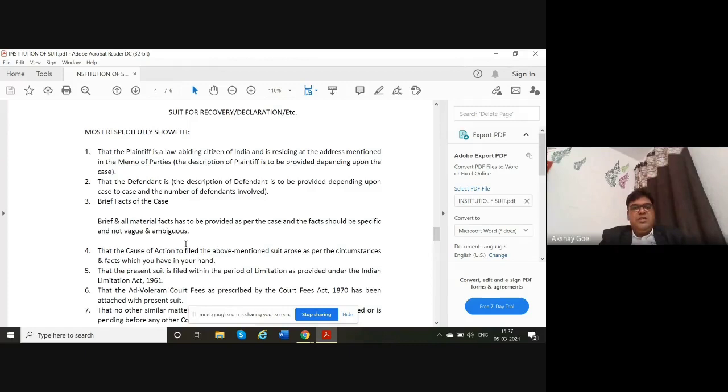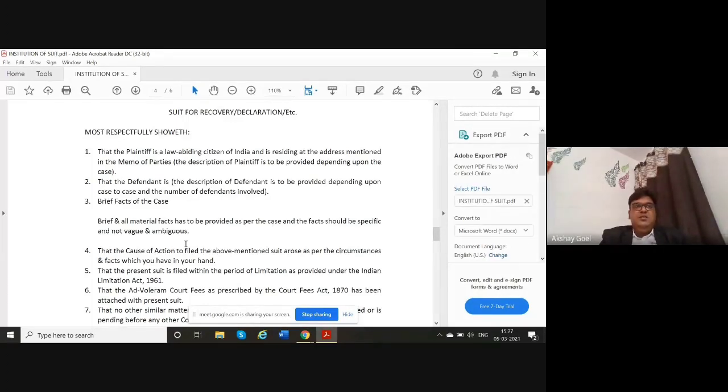Coming to Delhi, because I am practicing in Delhi, in Delhi the court fees is defined in the chart up to 4 lakh rupees. For a suit for 4 lakh rupees, the court fees is 6,248 rupees. If the value is less than 4 lakhs, it depends upon the chart.